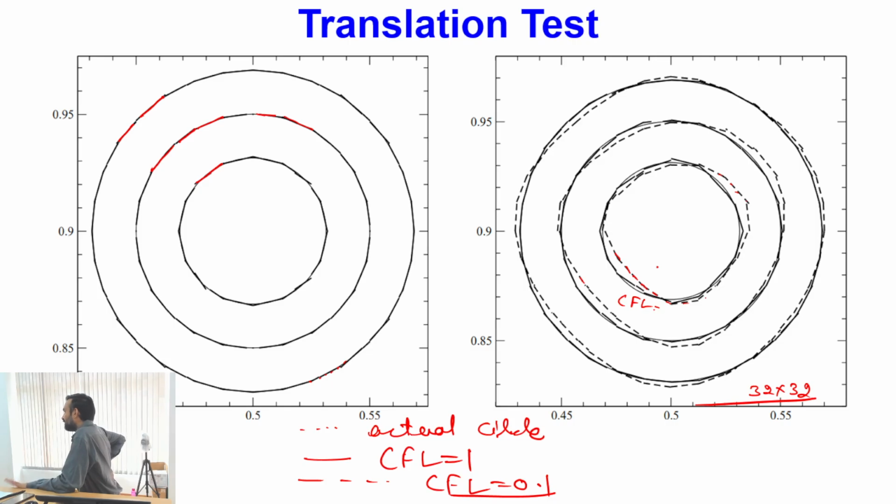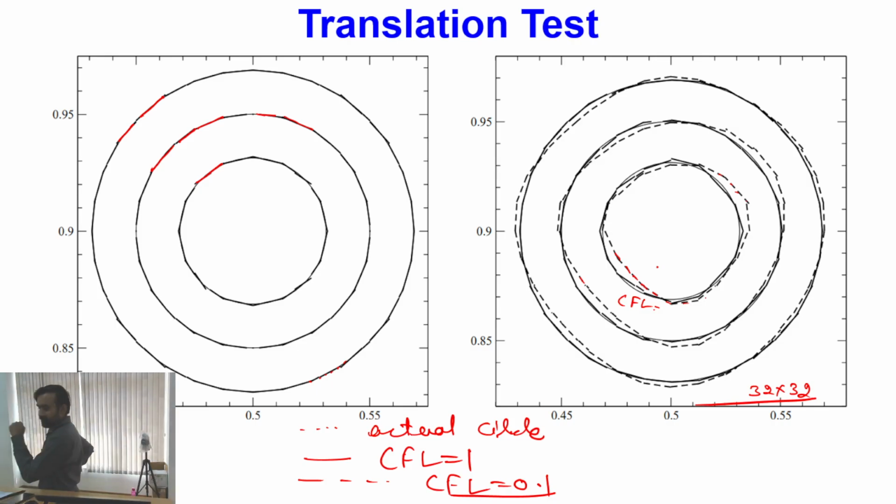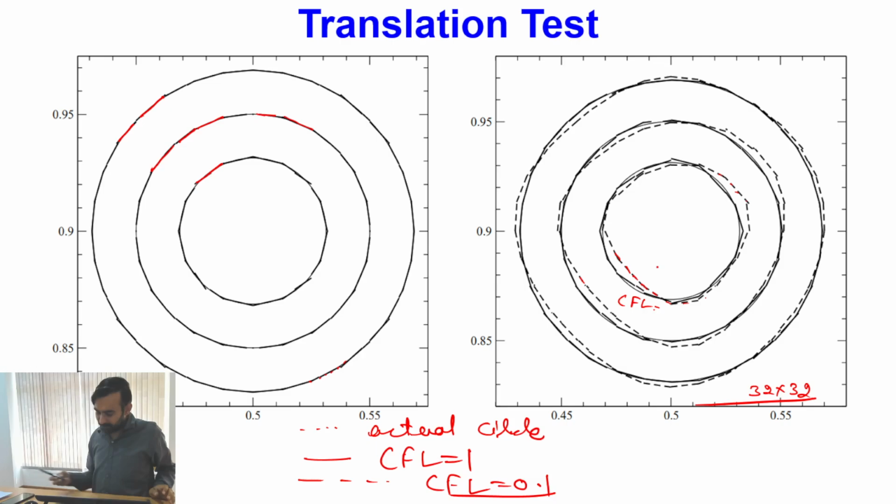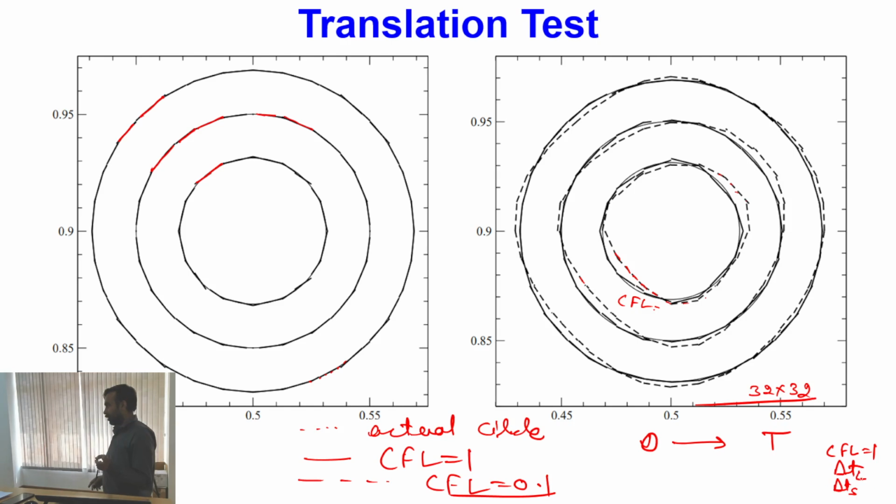Can you guess what could be the reason? First, if you have to go from t0 to some time t, then if the CFL number is 1, delta t will be large, and if CFL is 0.1, then delta t will be small.